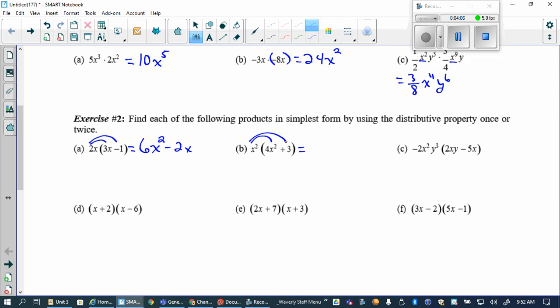What's the result of multiplying through there? 4x to the 4th plus 3x squared. There you go. Okay? Use your properties of exponents and do the same thing with part C. You might want to put your equal sign down here. There's not a lot of room to the right.